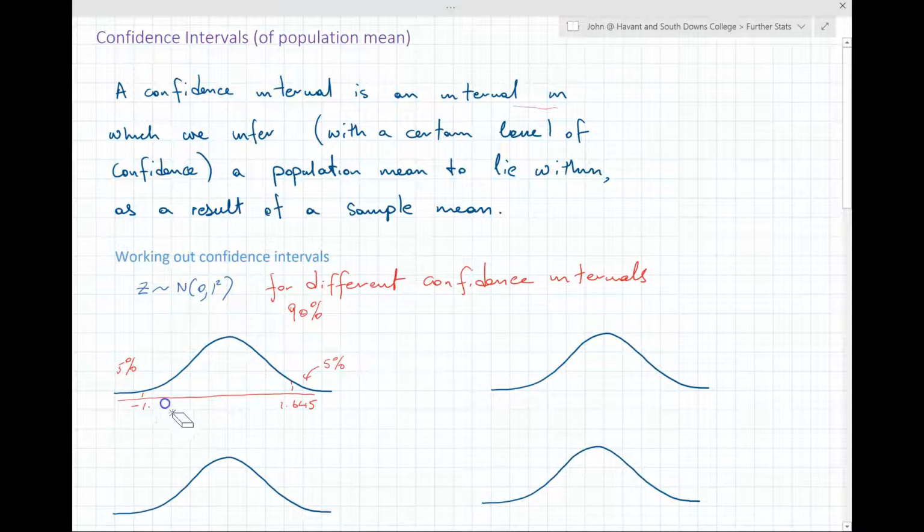If we want to be a little bit more precise than that, which will of course widen the interval. If we want to be 95% confident, then that's going to widen the interval because it's going to have a wider range, in order to be that much more certain. We would want 2.5% each side.